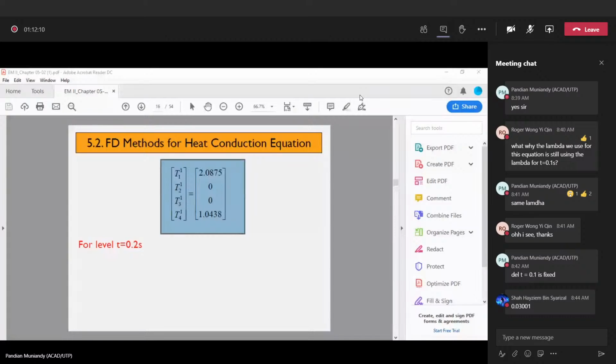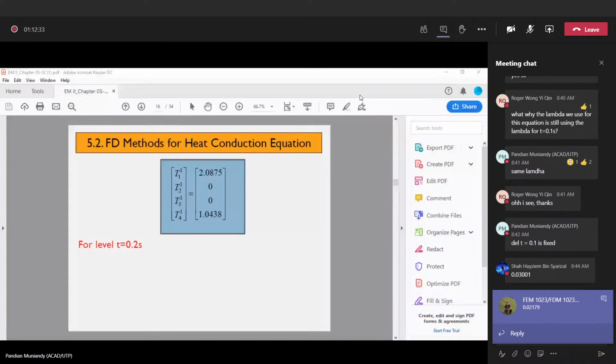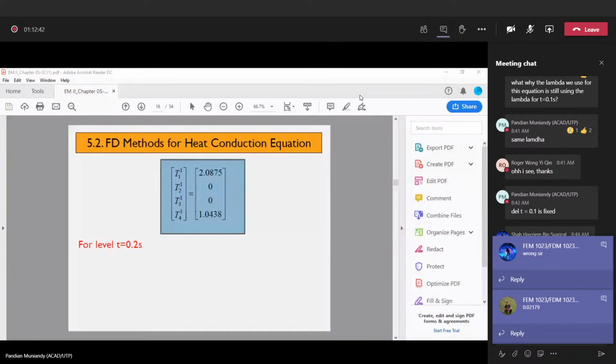Roger? Yeah, this is a very important iteration. Now we are doing the second iteration. Anyone else? One Amir, can you verify? Batrisha, Farasha, why so different? 0.02179.